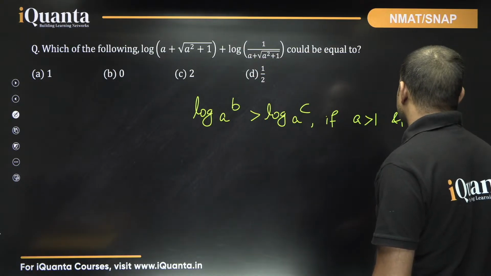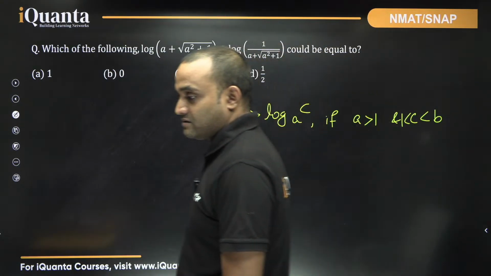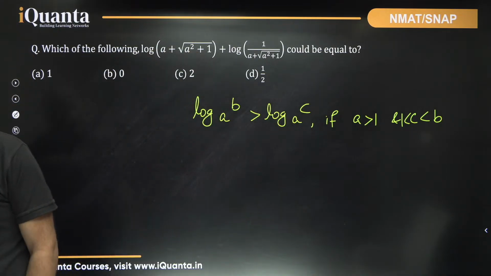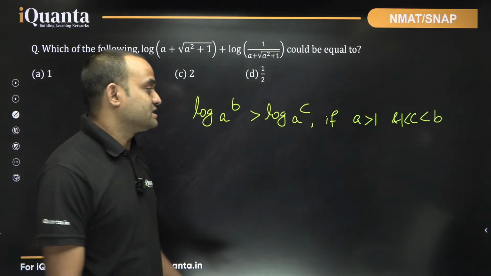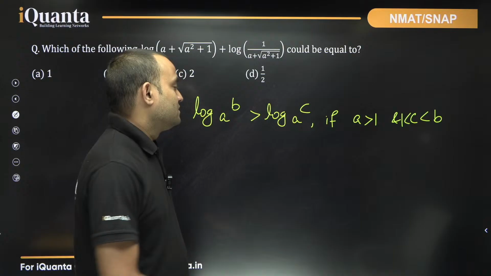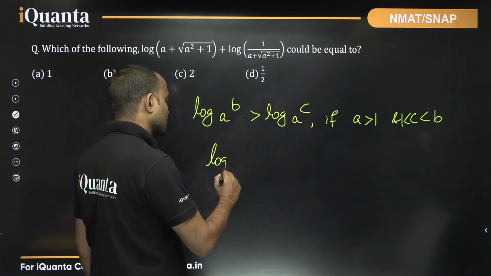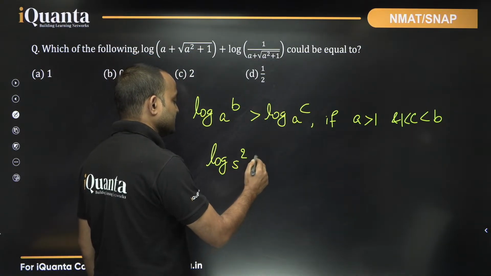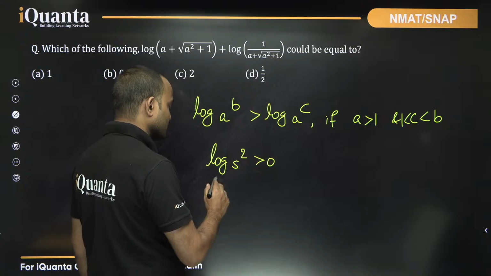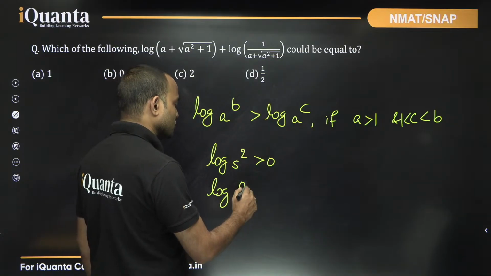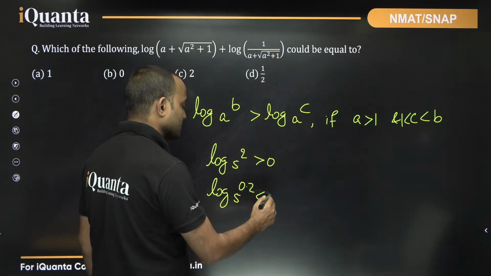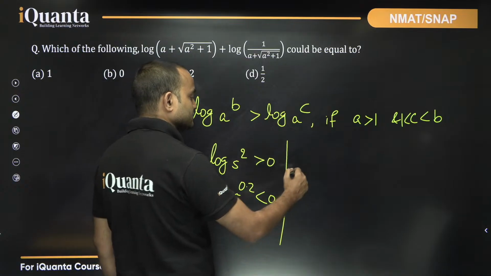It won't be less than, it will be greater than 0. Like log 2 to the base 5, this will be positive, but log 0.2 to the base 5, this will be negative.